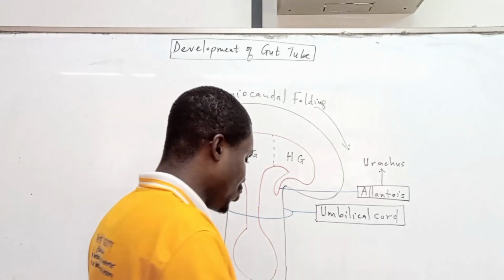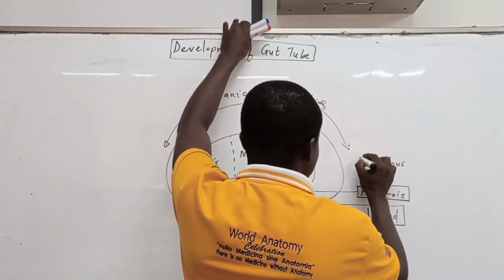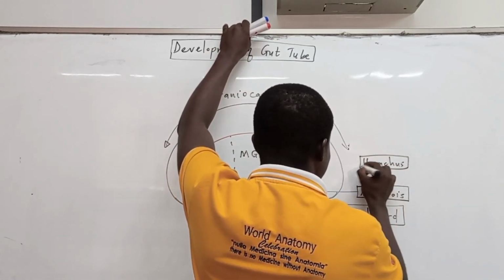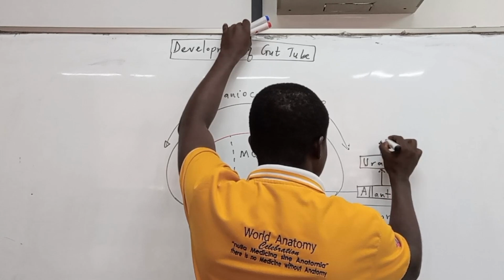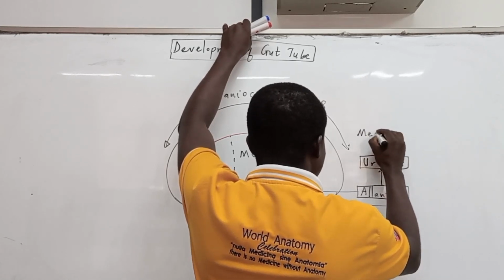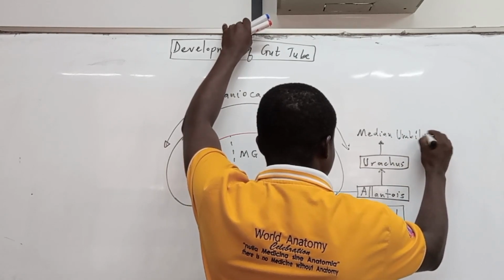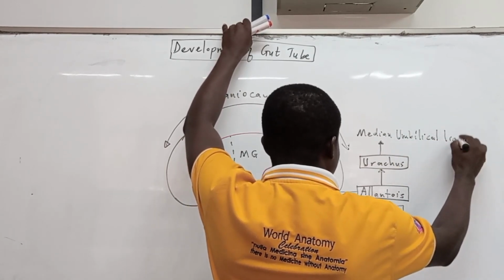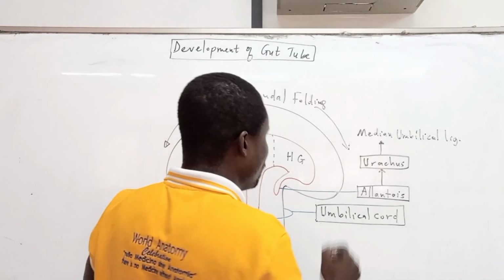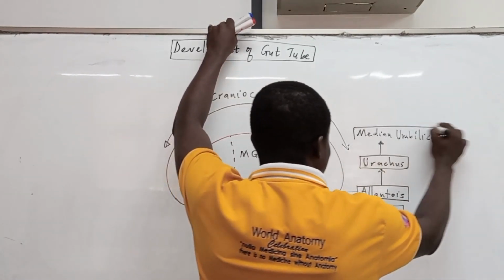And one thing that we know about this urachus also, which I want to highlight, is that it will give rise to what we call the median umbilical ligament. It will give rise to median umbilical ligaments.